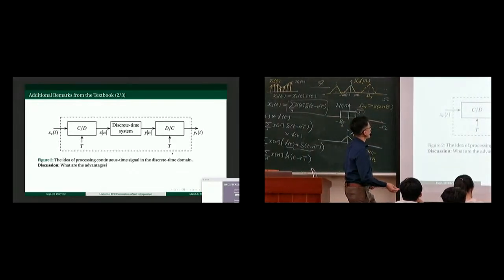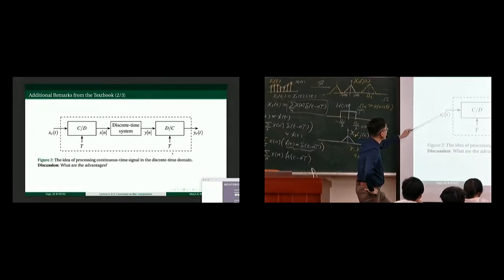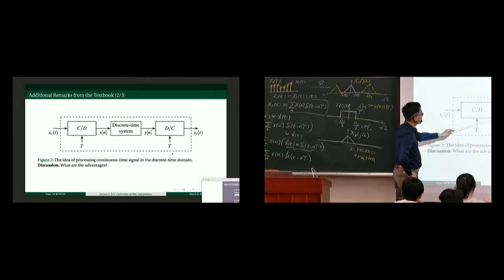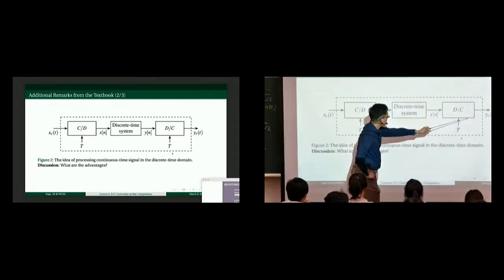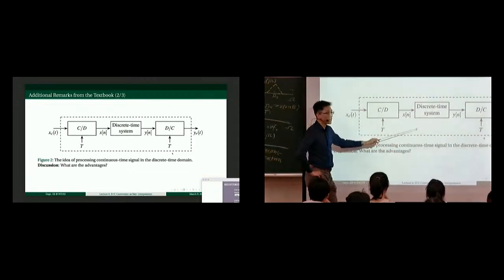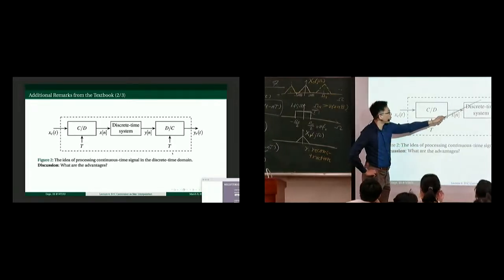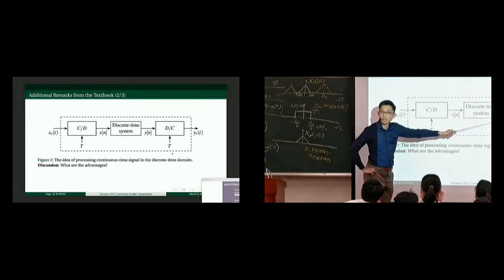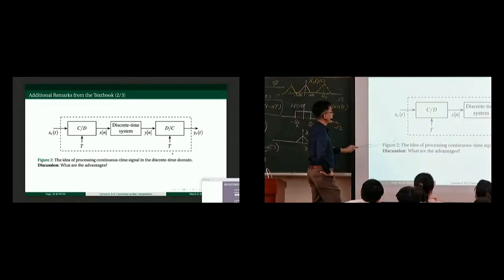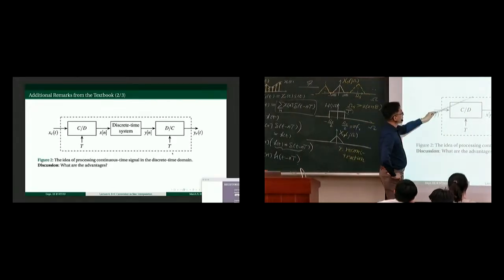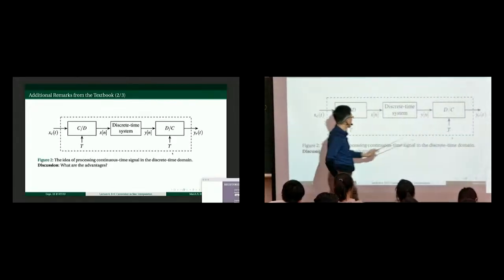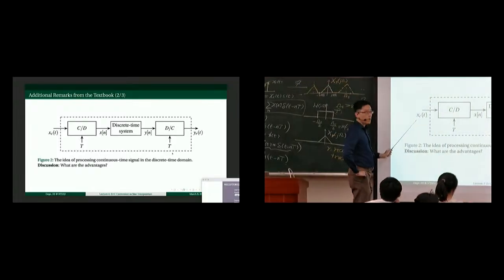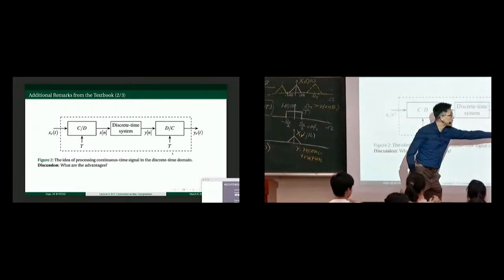Also from the textbook, the entire chapter 4 is about converting from C to D and from D to C, and for the rest of this semester, we are going to focus on whatever happens in between. But from the outside, the input is in continuous time and the output is also in continuous time, right?